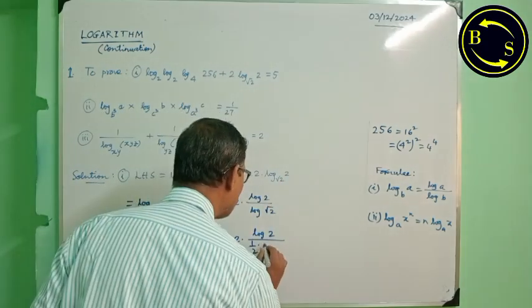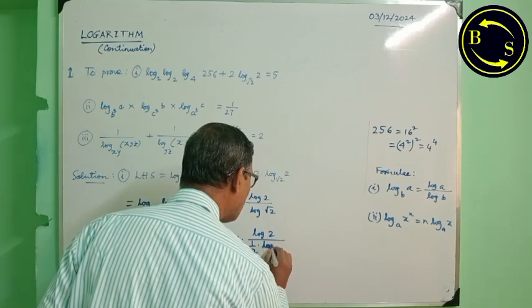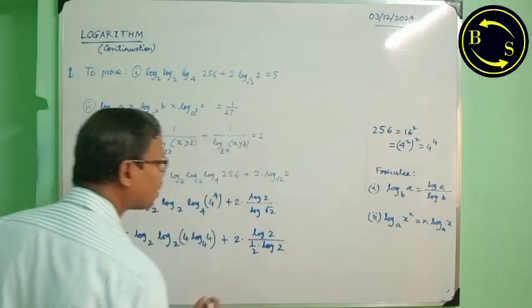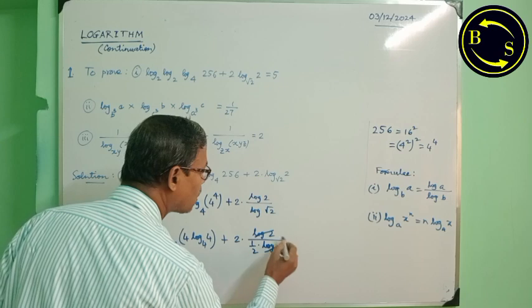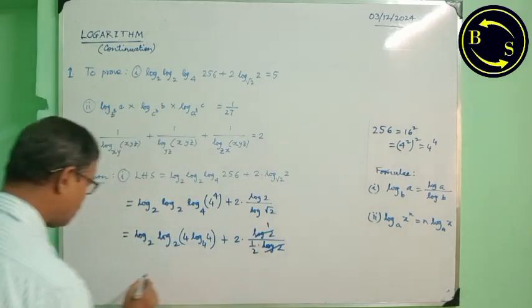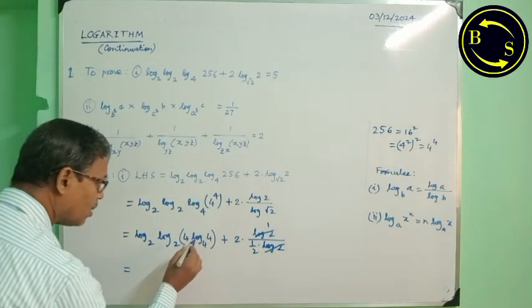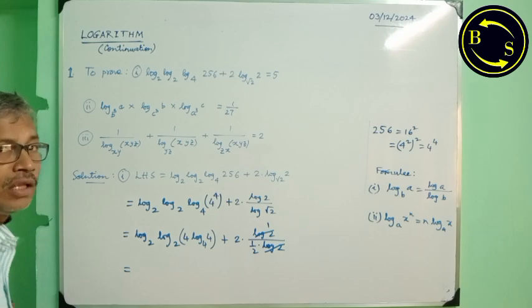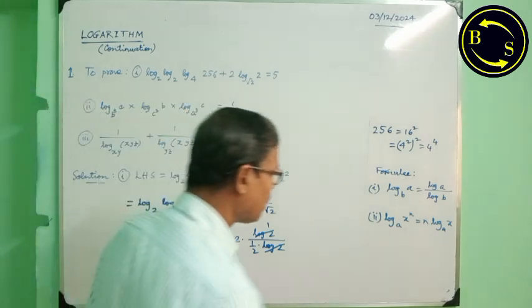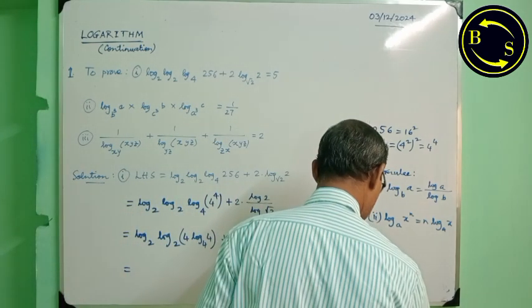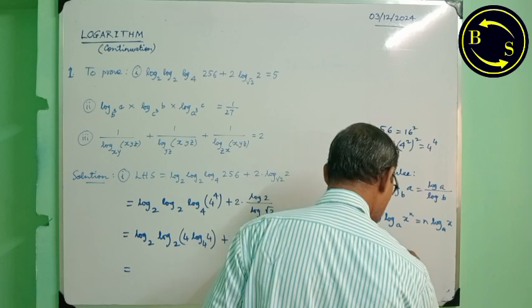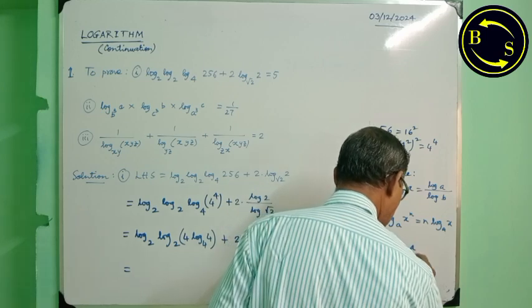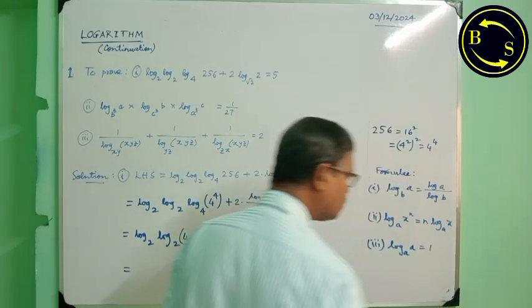Therefore, now these log 2's are cancelled. Log 4 to the base 4, log of a to the base a, I write here, log a to the base a is 1.